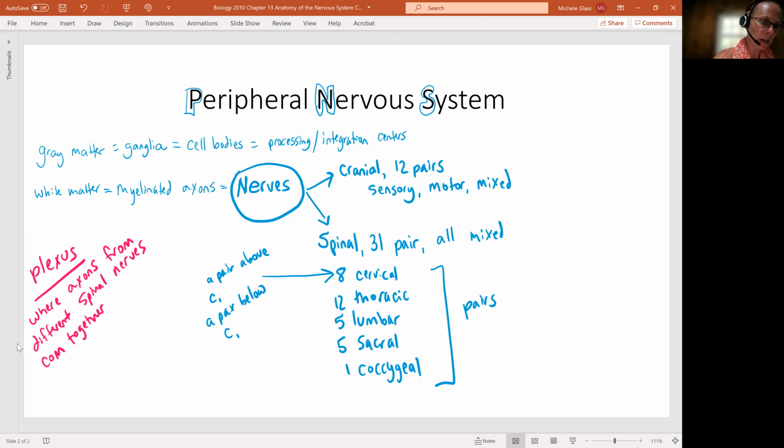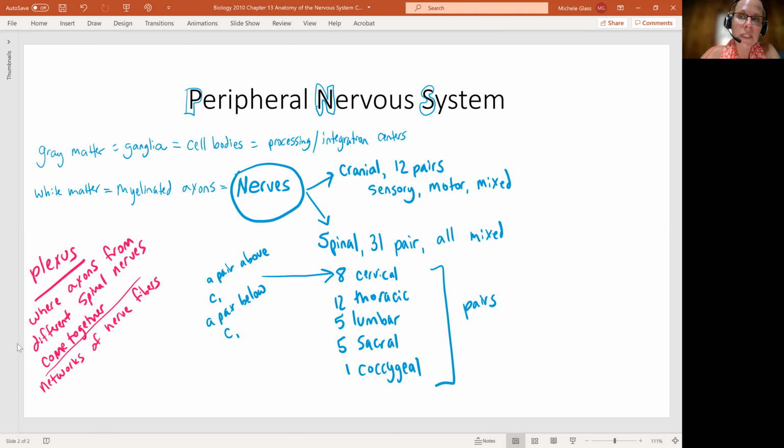Or another way we can talk about this is networks of nerve fibers. And here I think it's fair to think of nerve fiber and axon as talking about the same thing.